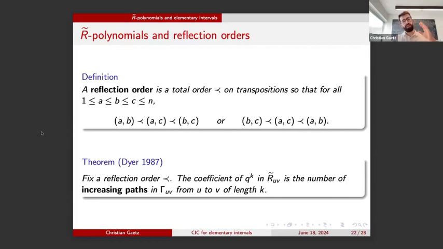We require that the sequence of transpositions we see along our path is increasing with respect to our fixed total order on transpositions. So it's not at all obvious from what I've told you that this count should be independent of the reflection order we've chosen, but in fact it is.